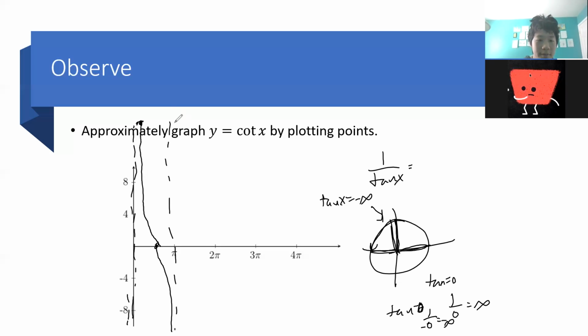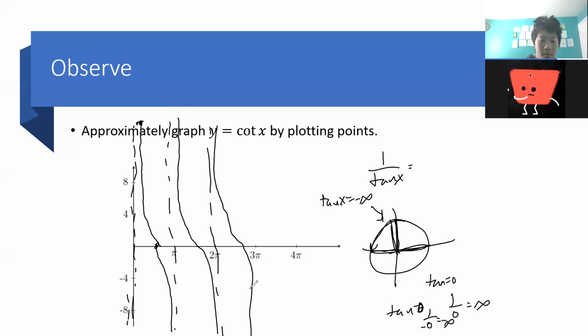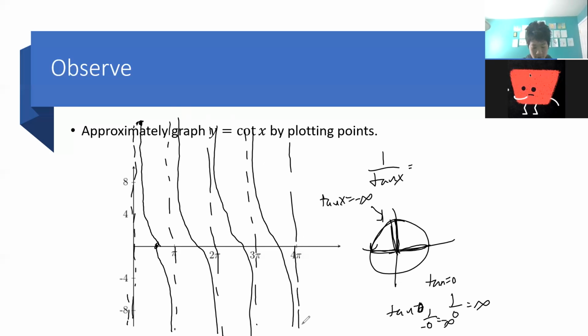If you keep graphing this, it looks like this. That's the graph of cotangent. So basically, if you want to find these baseline graphs, you just need to graph them by plotting points, and then, just like sine and cosine, apply the same transformations if you have any other variations.